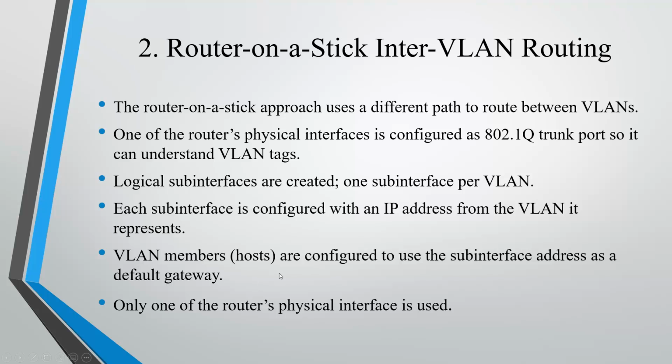The IP address of the sub interface is what you have to use as the gateway for the PCs. In the lab part you can understand this better. Only one of the router's physical interfaces is used, so only a single link will be available connecting the switch and the router. That is router on a stick.